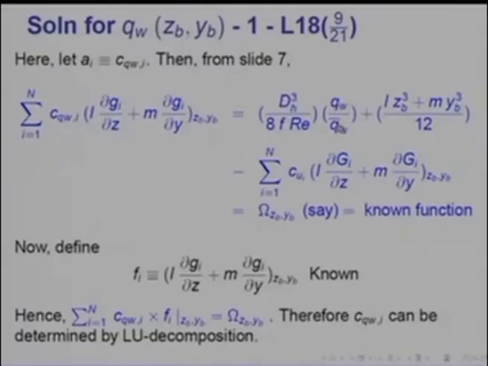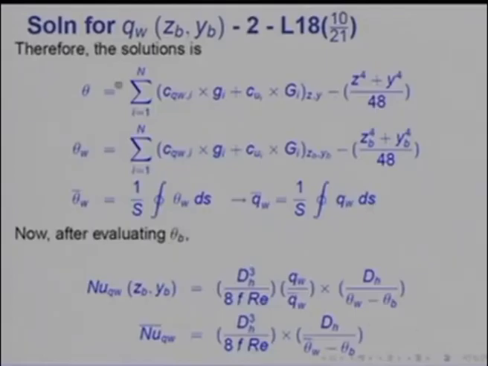Actually, uniform heat flux has also been specified, and all these functions can be evaluated, which I have called gamma at ZBYB, and L dGi by dz plus m dGi by dy at ZBYB, if I were to call it Fi, let us say, these are also known functions, then I would get again the velocity-like problem for C Q W I Fi at ZBYB equal to this. Therefore, C Q W I can be determined by LU decomposition, and therefore, the solution would be theta equal to C Q W I GI, CUI from the velocity solution, and this.